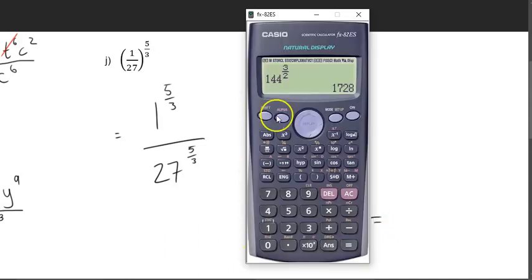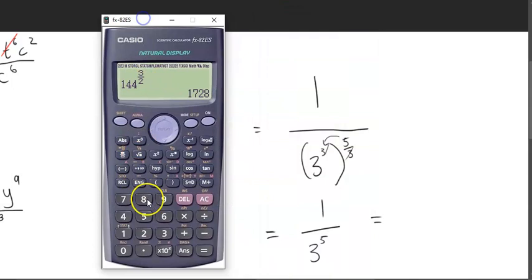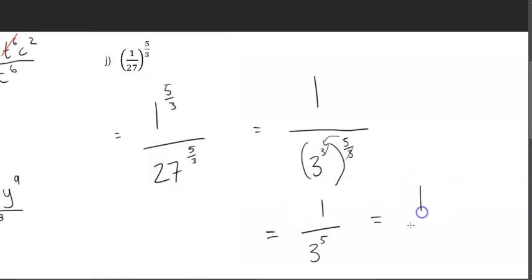And we can use our trusty calculator to work out what 3 to the power of 5 is, and this will be 243. So this final solution is 1 over 243. And there it is. This is it. You would get all your marks for this here.